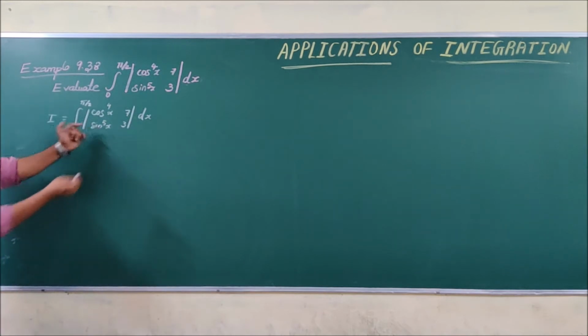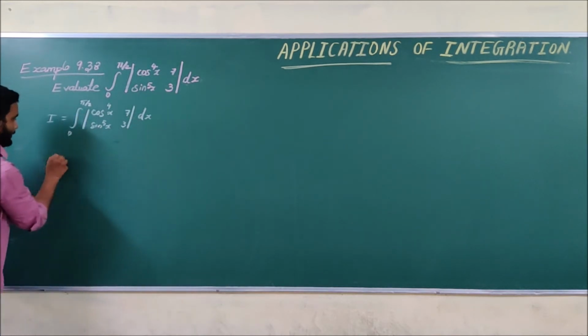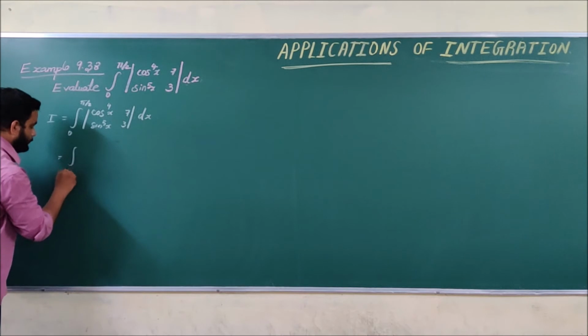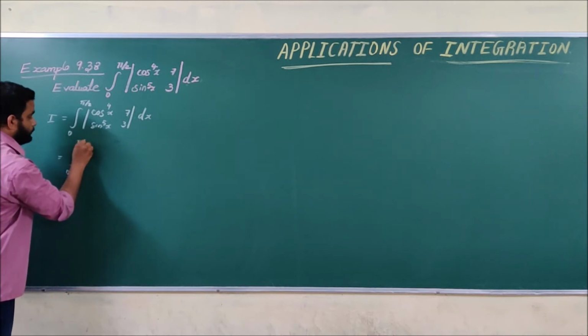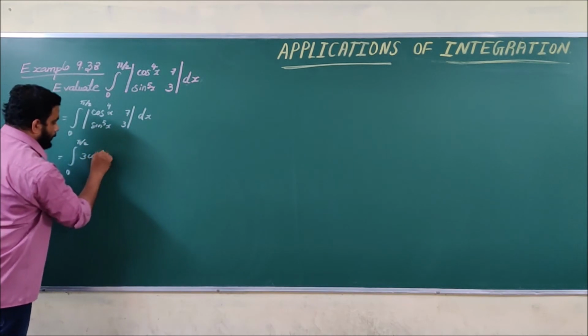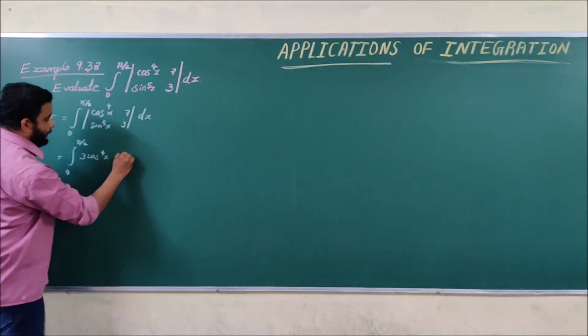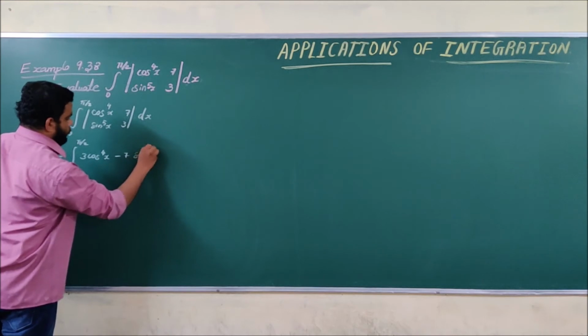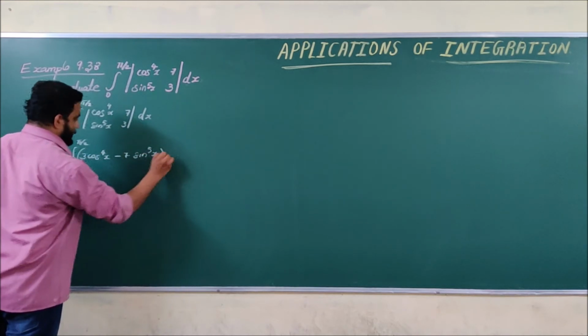Now we find this determinant value. So we take the determinant, that is the integral from 0 to pi by 2 of (3 into cos power 4 x minus 7 into sin power 5 x) dx.